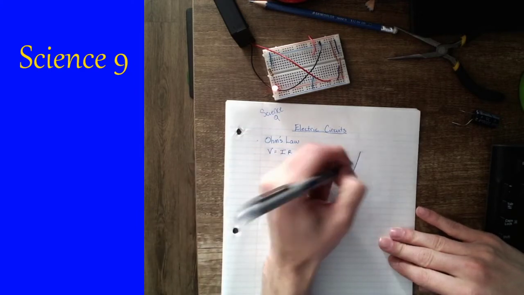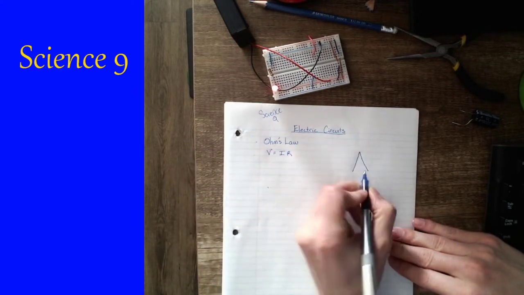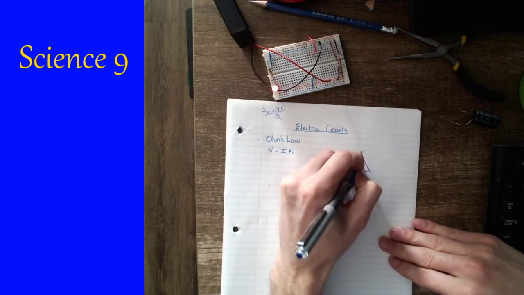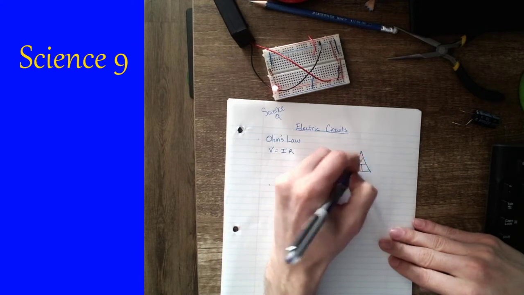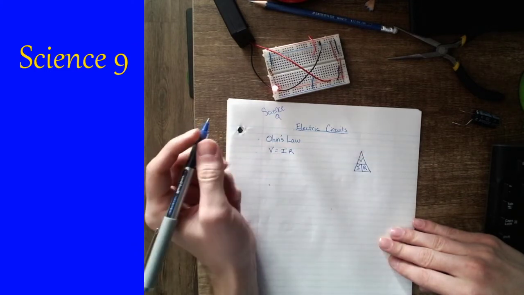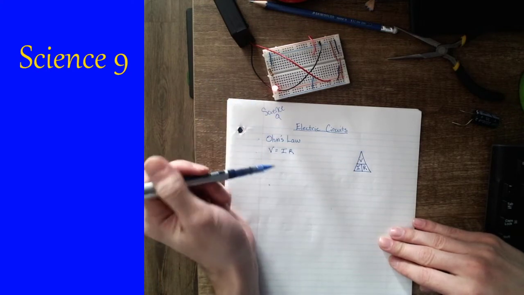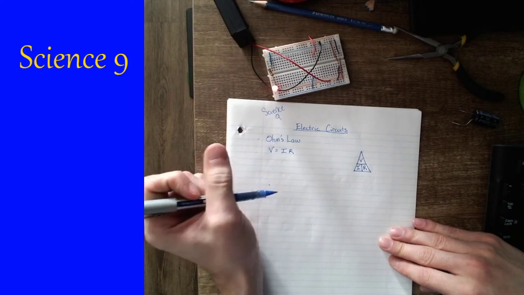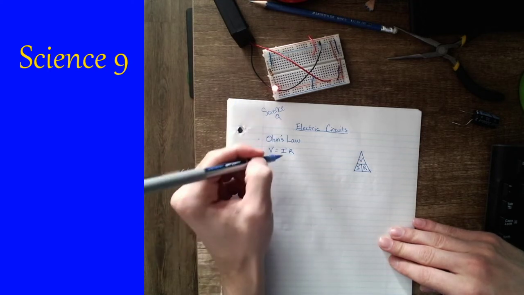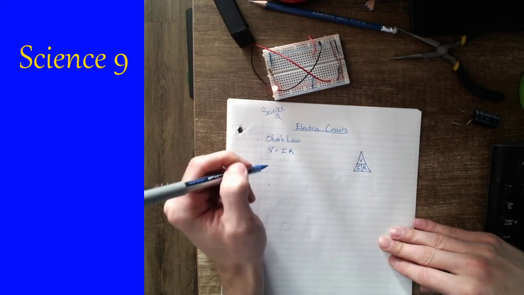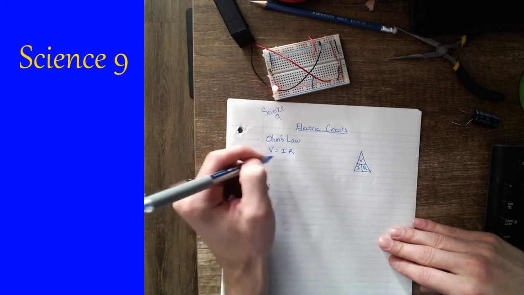I'll also have you note that very handy triangle, which, if I set up V, I, and R as such, gives us an easy way to quickly find the mathematical relationship for the other variables if we're a little shaky at rearranging and doing that algebra.